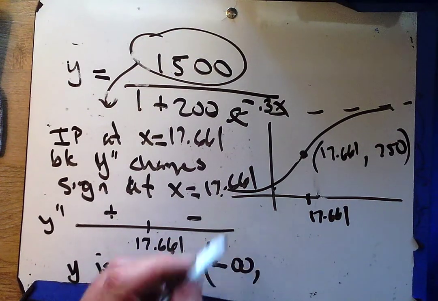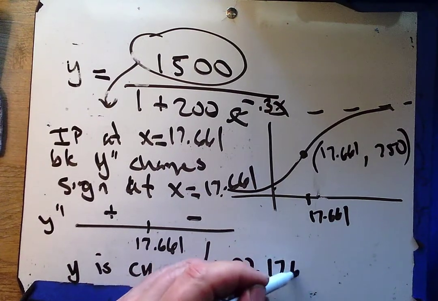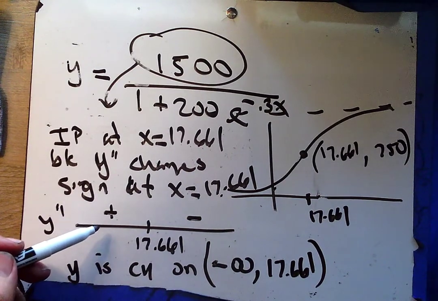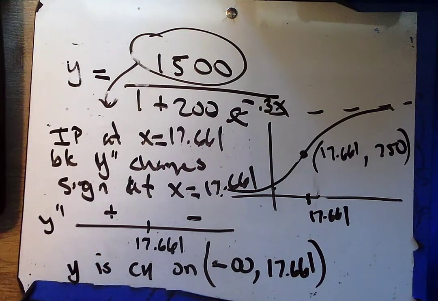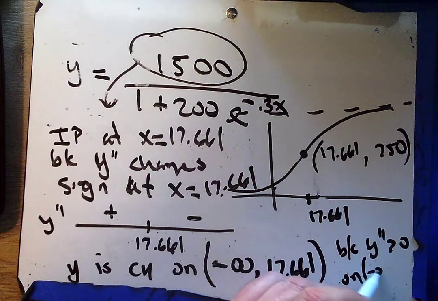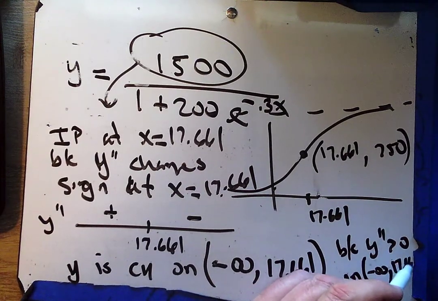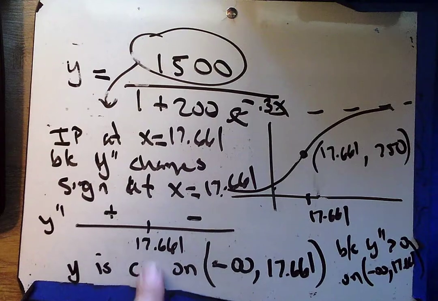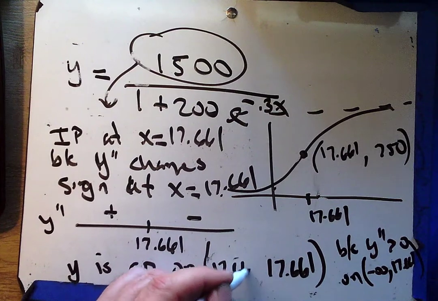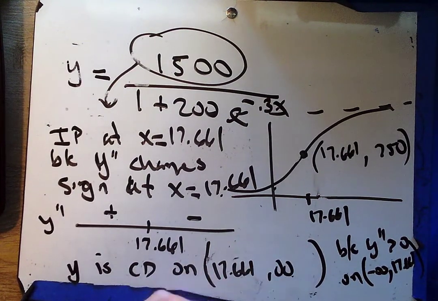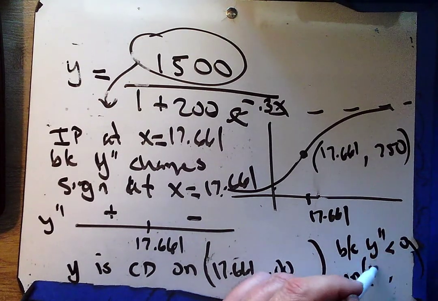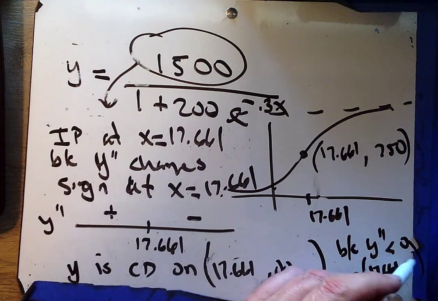I wasn't clear at the beginning, so I'm going to go with negative infinity to 17.661 because y double prime is greater than 0 on that interval. And y is concave down on 17.661 to positive infinity because y double prime is less than 0 on 17.661 to infinity.